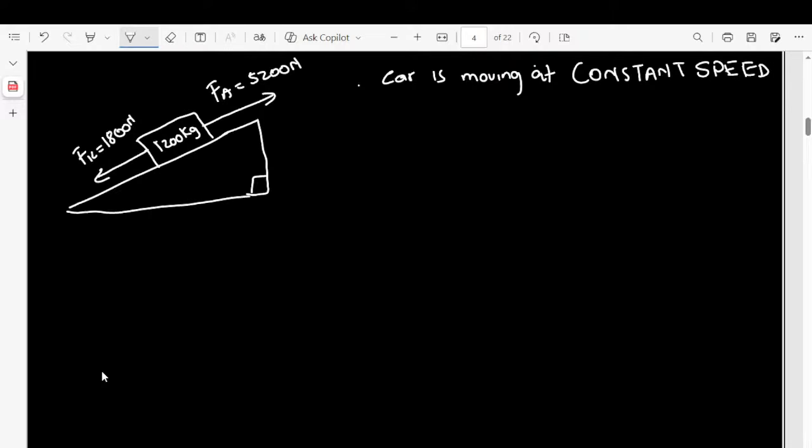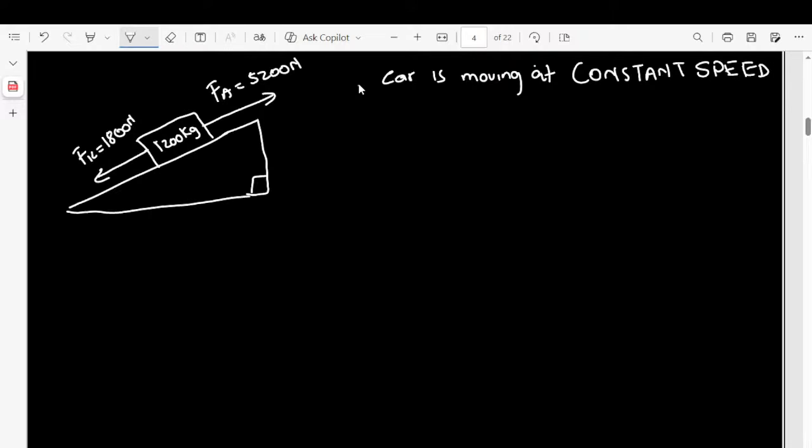Why didn't we use acceleration when we calculated the normal force? Let me explain this. When we calculate the normal force, the reason that we did not use acceleration is that normal force is a vertical force.